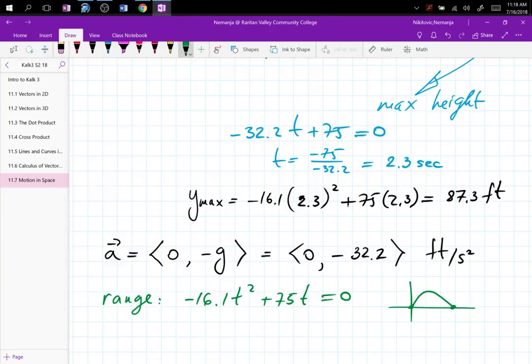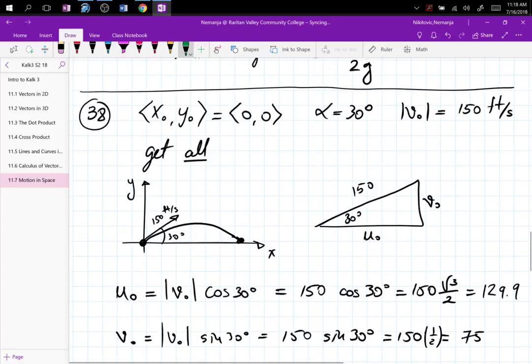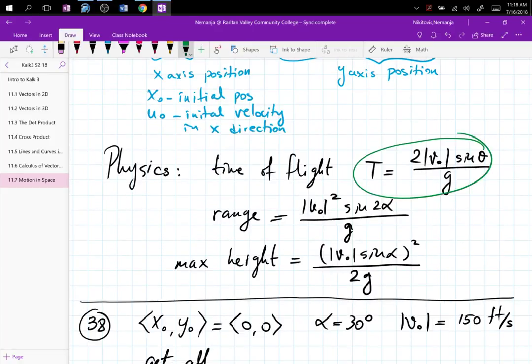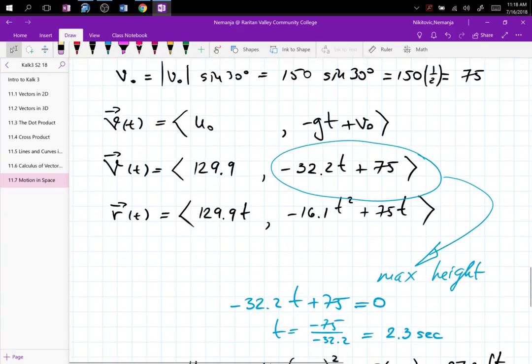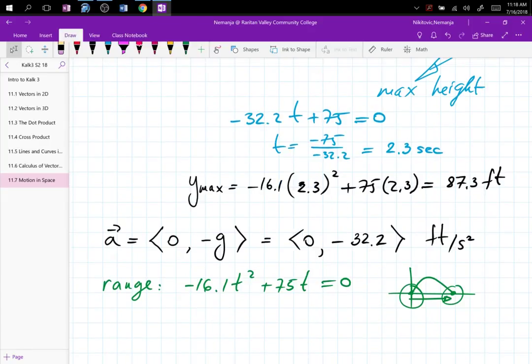because, right? So you see that the first time is 0 for this solution, so the other time that you get would be this one. Range is how far it went. So when I figure out how long it took to hit the ground on the other end, that would be the time of flight as well. So with that one, we take care of the time of flight and how far it goes. As you can see, we don't really need to memorize these formulas. There is a way to reason with this and solve it quickly.